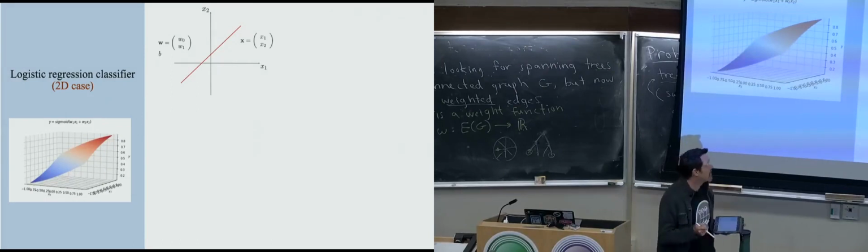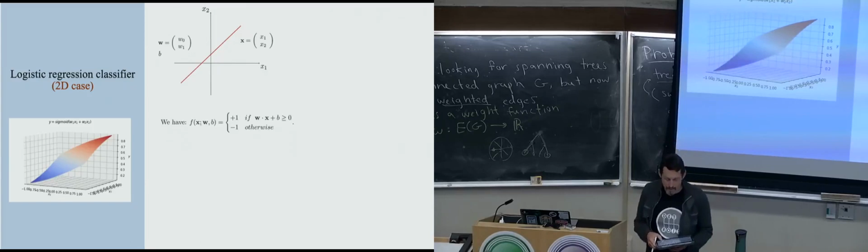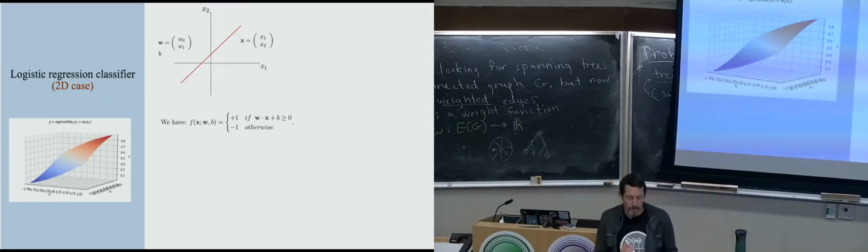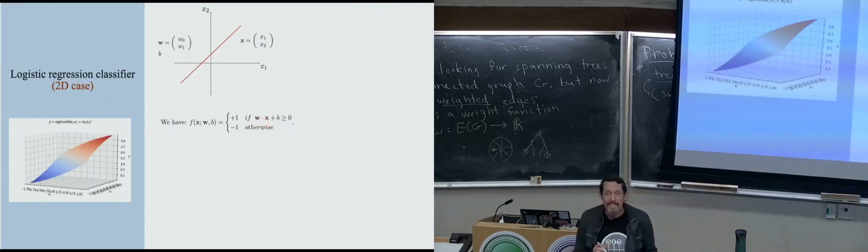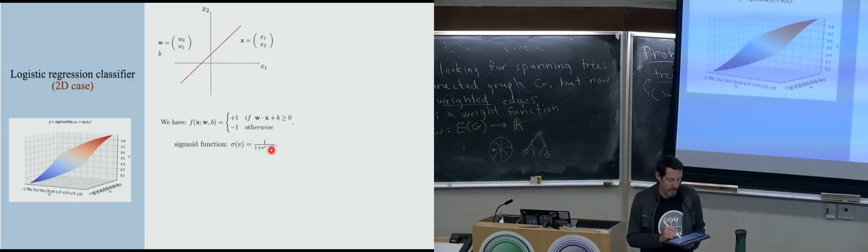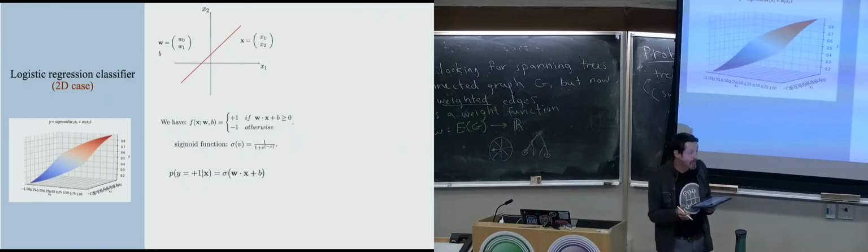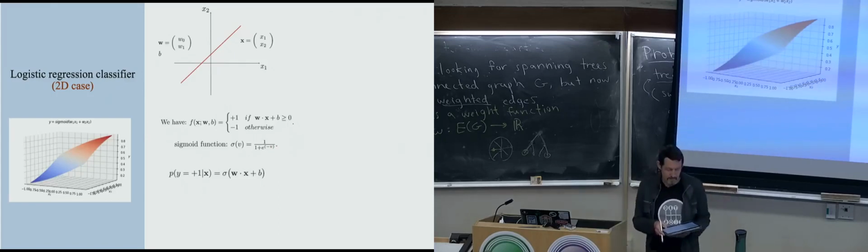We can generalize this beyond one dimension. Instead of w and x being single variables, these are now vectors. Exactly the same other than that. Now we have a sigmoid function that operates not in one dimension, but in multiple dimensions, where the thing in here is w transpose x, or w dot x, however you want to write it.